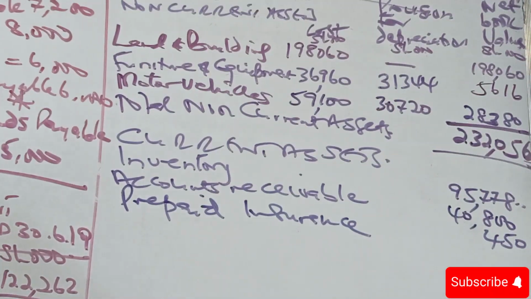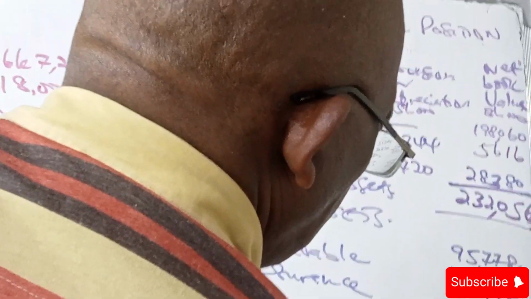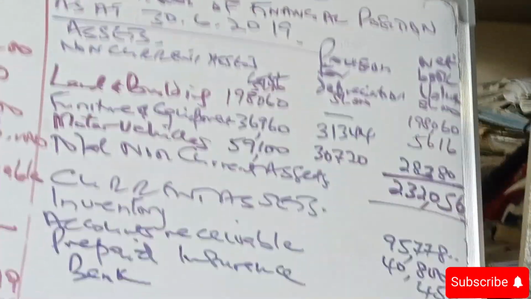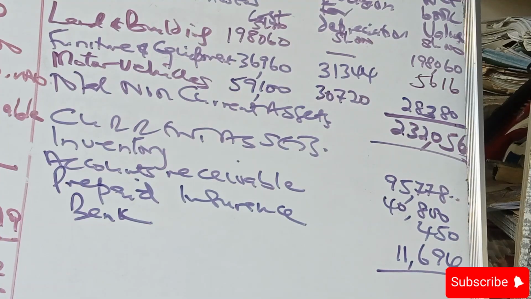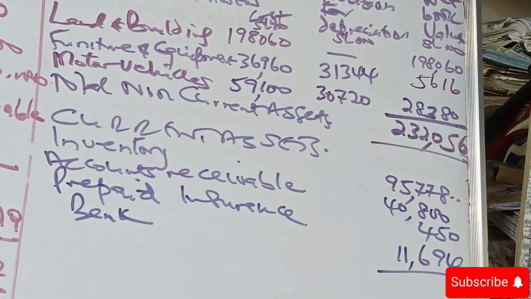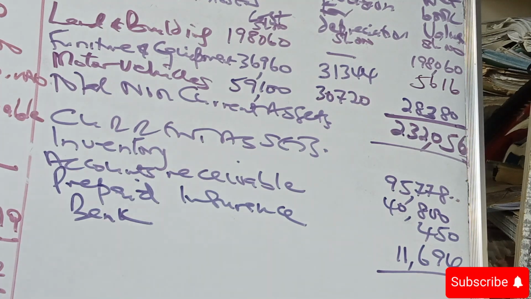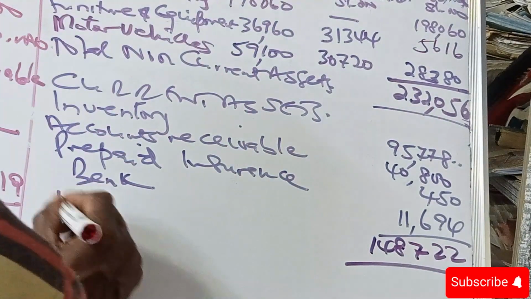So we add them up. 11,694 plus 450 plus 4,800 plus 95,778 gives a figure of 148,722. That becomes total current assets.